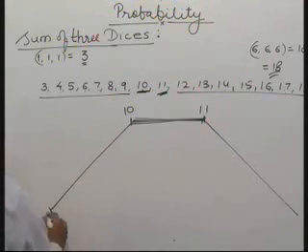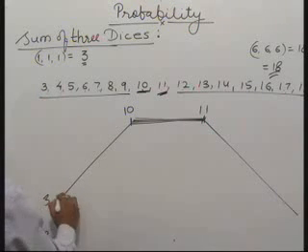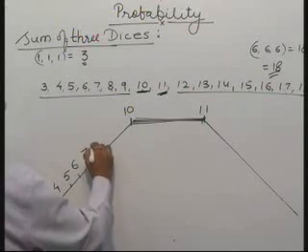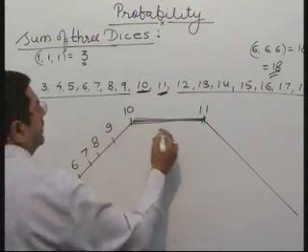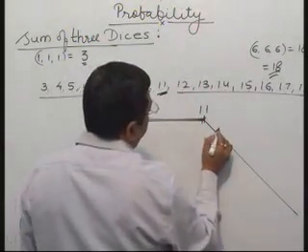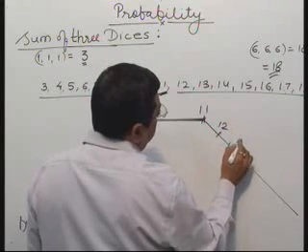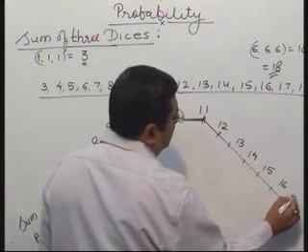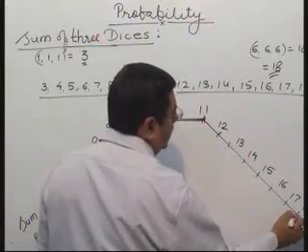प्रायिकता नीचे लोगे. Minimum sum 3, 4, 5, 6, 7, 8, 9, 10, 11, 12, 13, 14, 15, 16, 17 and 18.